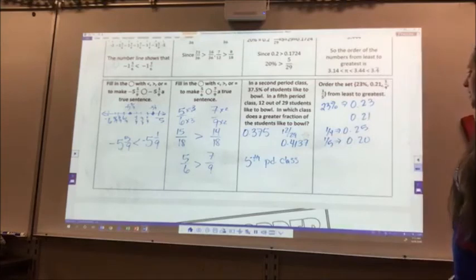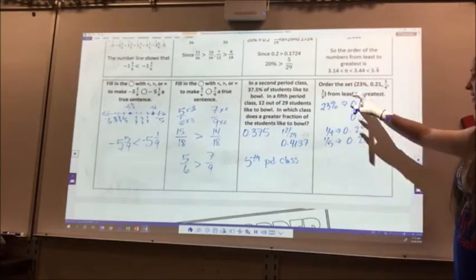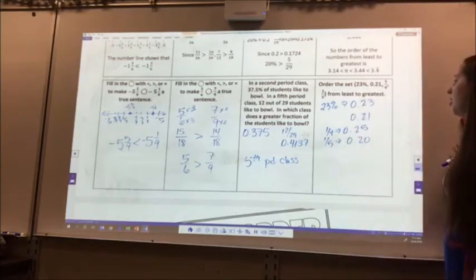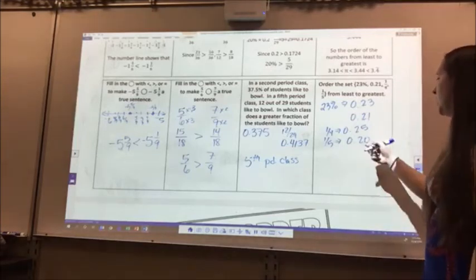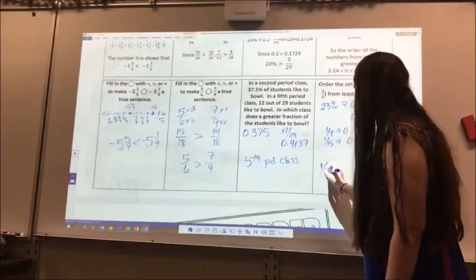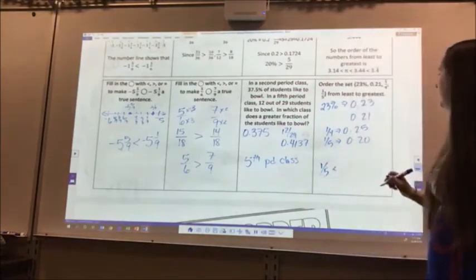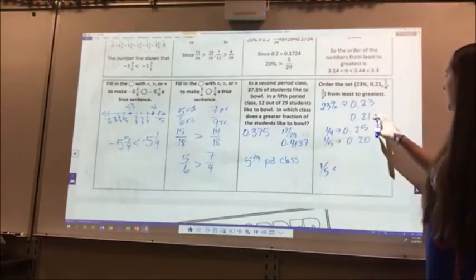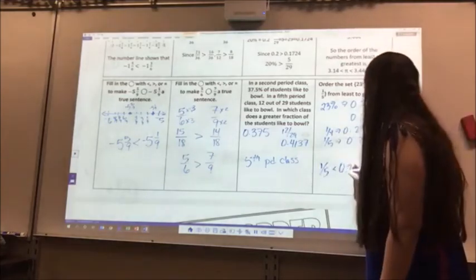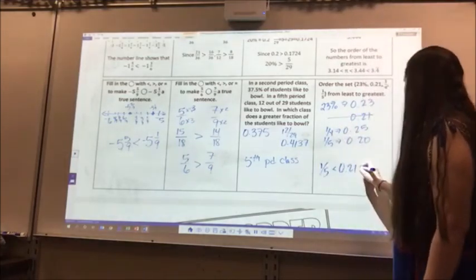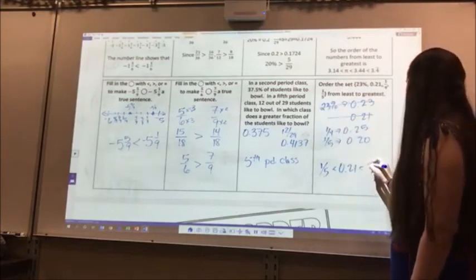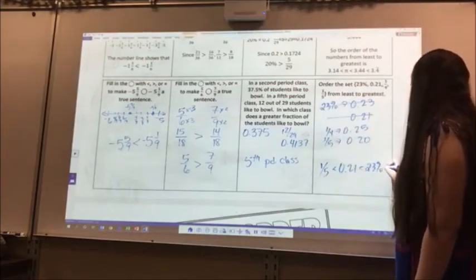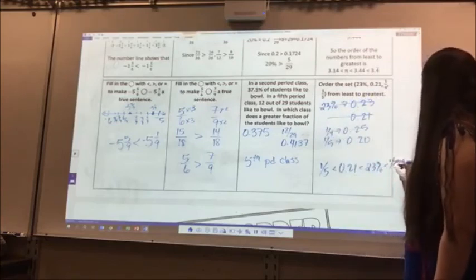Looking at these, they're all very close together. The smallest is 0.20, so that's 1/5. That one's gone. Then 0.21. Then 0.23, which is 23%. And then 1/4.